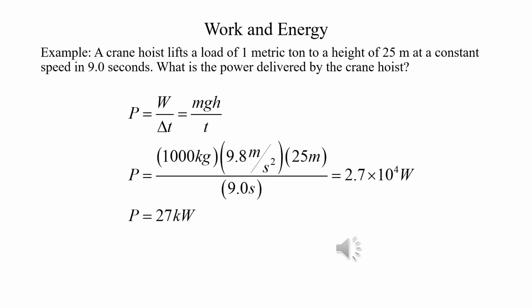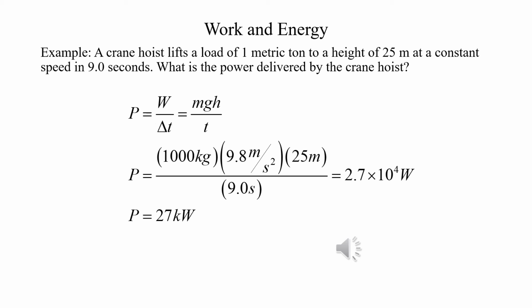We have a crane hoist that lifts a load of 1 metric ton to a height of 25 meters at a constant speed in 9 seconds. What is the power delivered by the crane hoist? Well, we can write the average power is the work over time. The work, of course, when we lift an object is mgh. It's the gravitational force times the distance when we lift something against gravity.